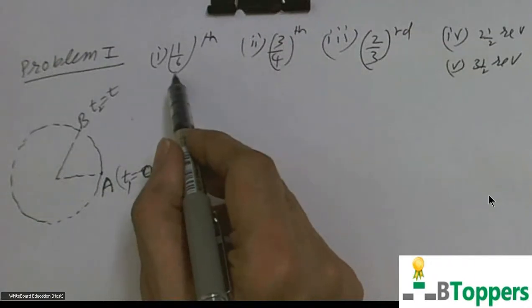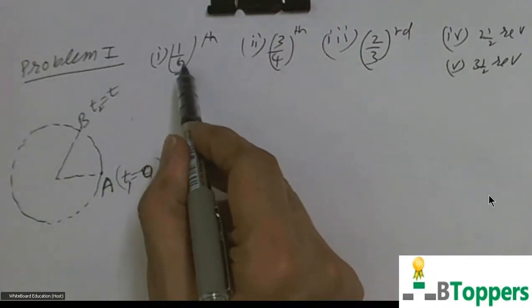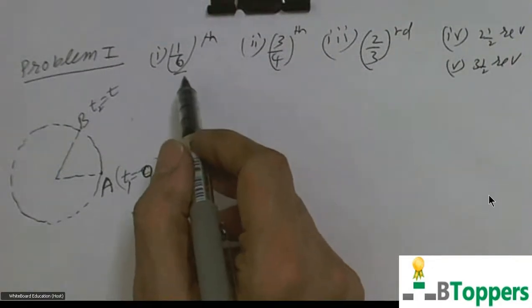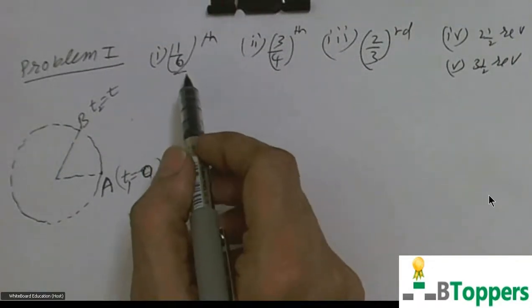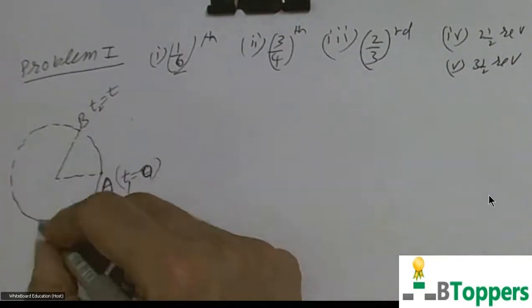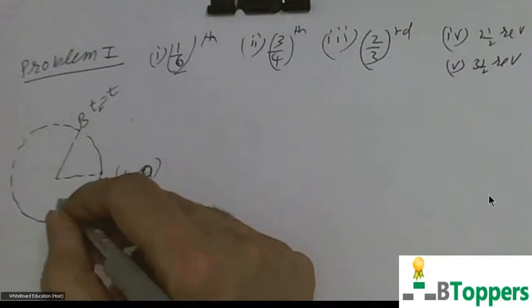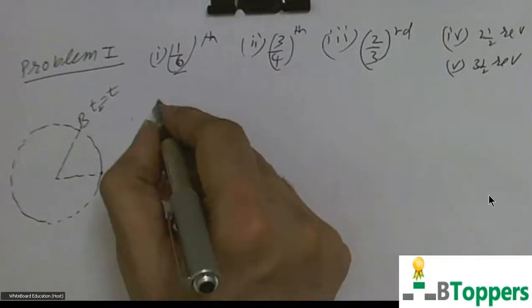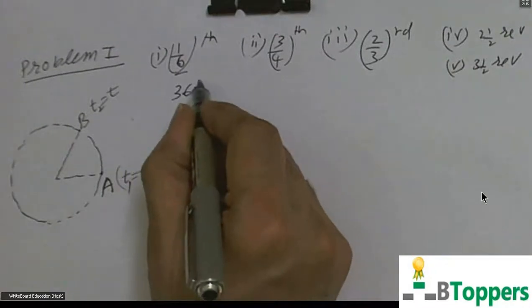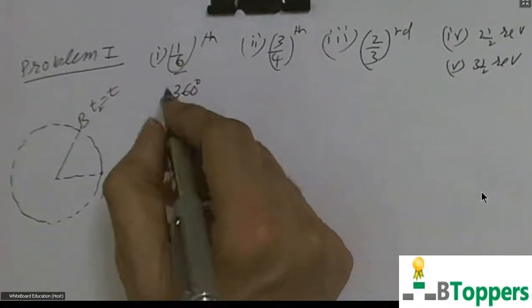You are asked to find, in the first part of the question, the magnitude of the average velocity of the particle when it completes 1/6 of the revolution. When the particle completes 1 revolution, as you know, the angular displacement will be 360 degrees.